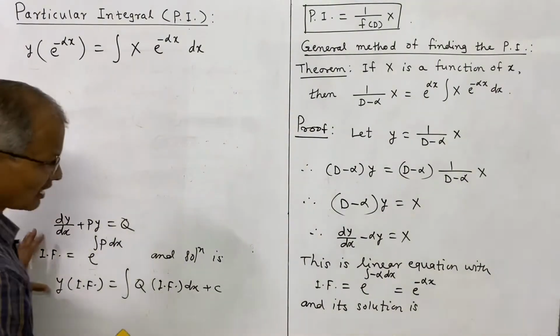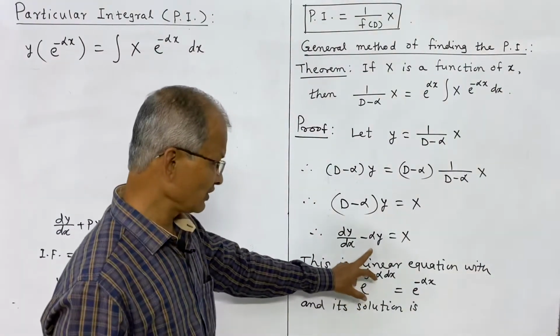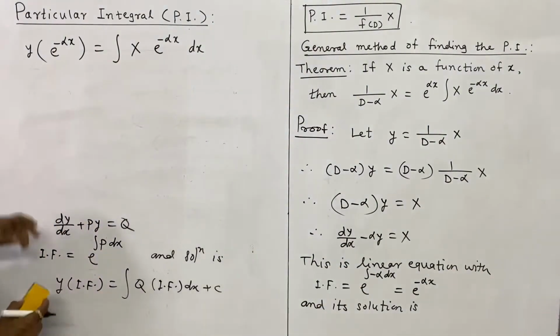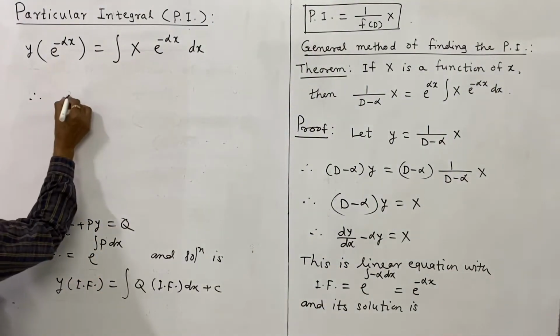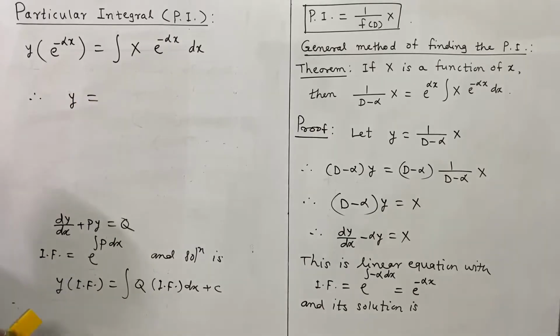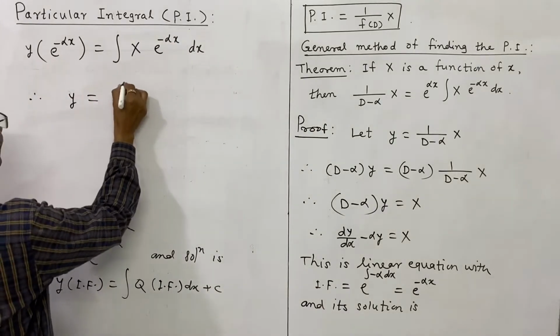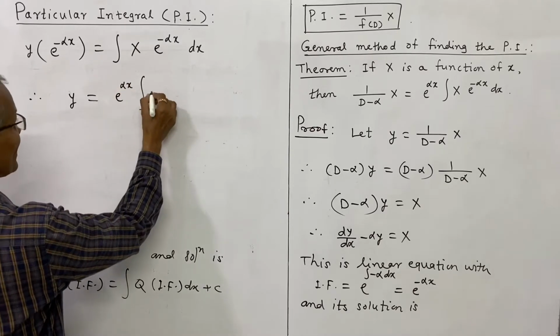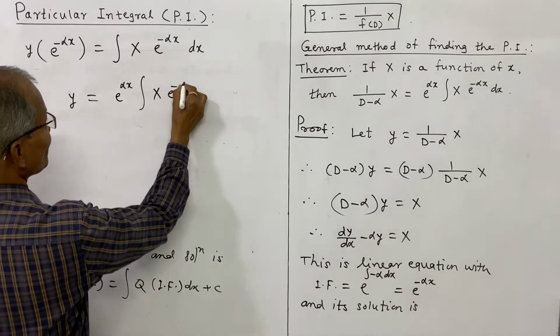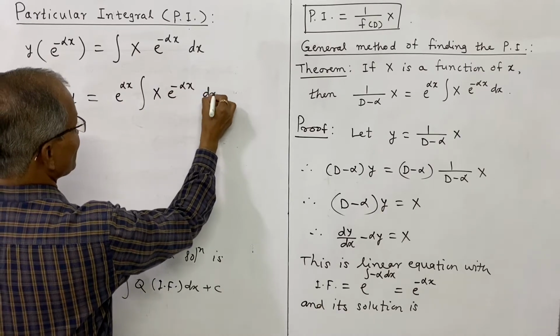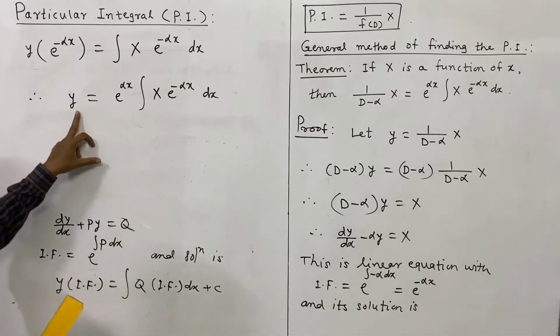So using this earlier result, we have written the solution of this equation, and we have to write it in terms of y, and therefore we multiply both sides by e power alpha x, or shift this term on this side. That will be e power alpha x integral X into e power minus alpha x into dx. So this is the value of y, but what is y?